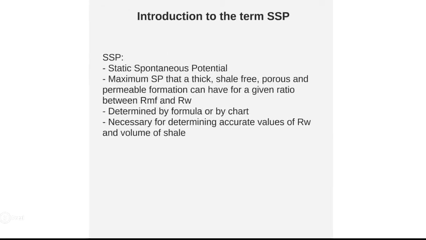Static spontaneous potential is the maximum SP that a thick, shale-free, porous and permeable formation can have for a given ratio between RMF and RW, determined by formula or by chart. It is necessary for determining accurate values of RW and volume of shale.